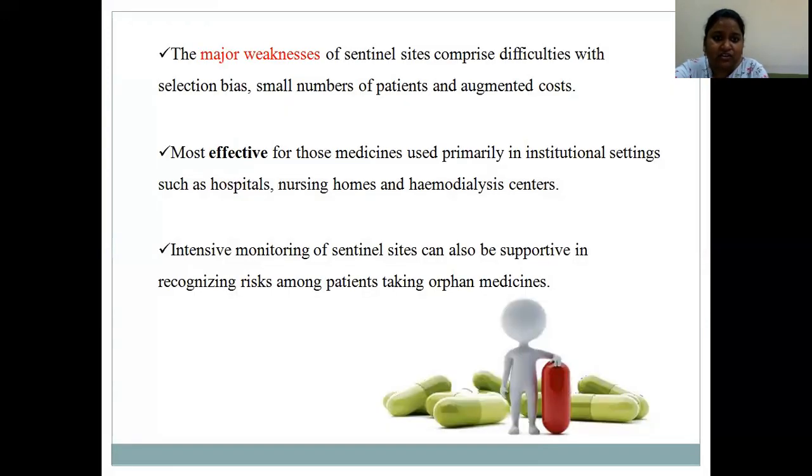Next, the major weakness or limitation of this sentinel site method is that it is difficult because of selection bias. We cannot select the numbers of patients. Due to that, we get a small number of patients, the cost is more and the patients are fewer, so the data will not be accurate.